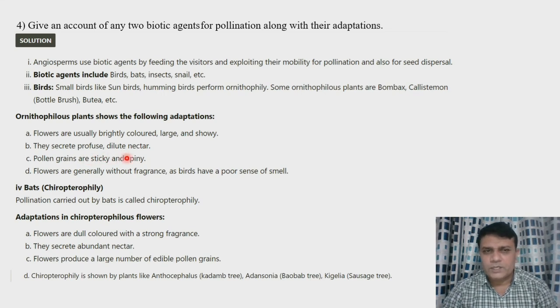In our previous session, we have discussed ornithophily. Then pollen grains are sticky and spiny so that they get easily attached to the parts of the birds. Flowers are without fragrance as birds have a poor sense of smell.